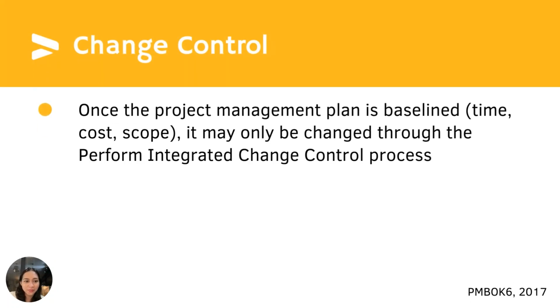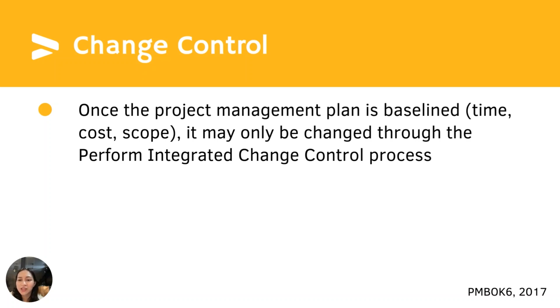So once the project management plan is baselined, meaning we have the three restrictions here: time, of course, if we need to make changes with our timeline; the cost of what we need to spend in our project; and of course, the scope that we need to deliver. This may only be changed through the perform integrated change control process.